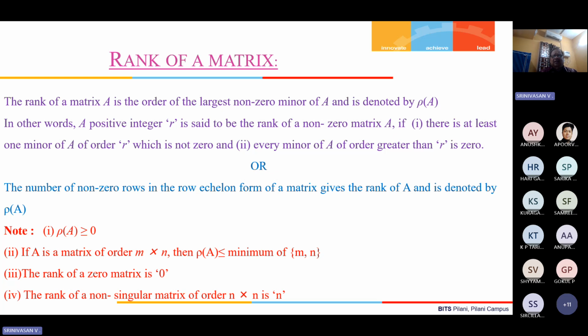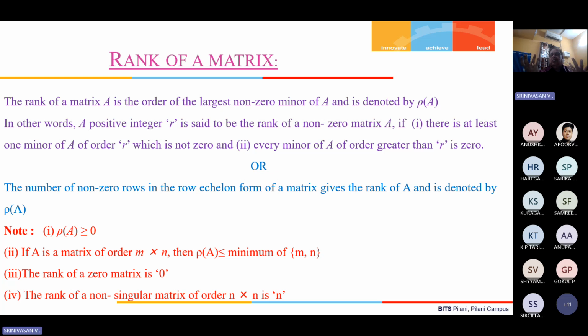So this is a classical definition that you will first find: the determinant should be non-zero. Suppose you have a 3 by 3 matrix. Find its determinant. If it is non-zero, what is the order of the matrix? Order is already 3 by 3. So what is the number of rows? 3.